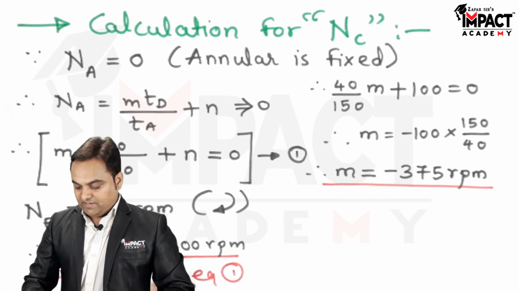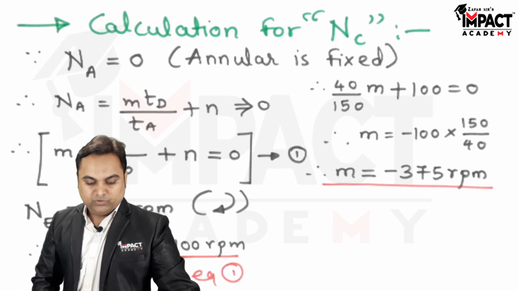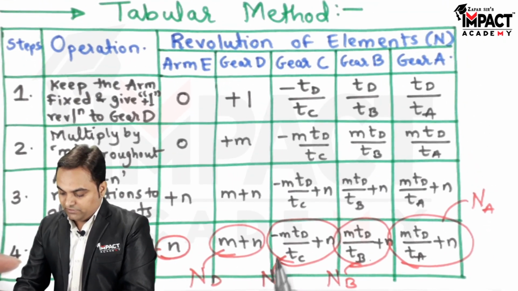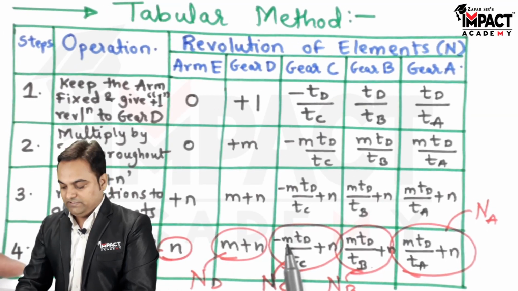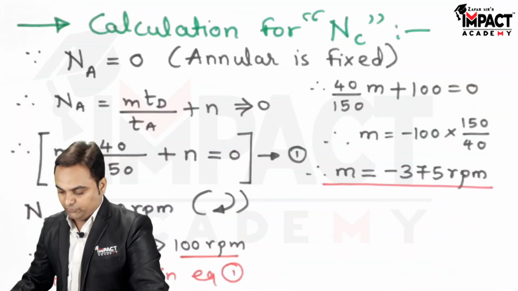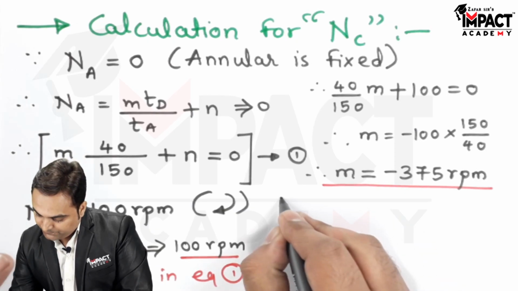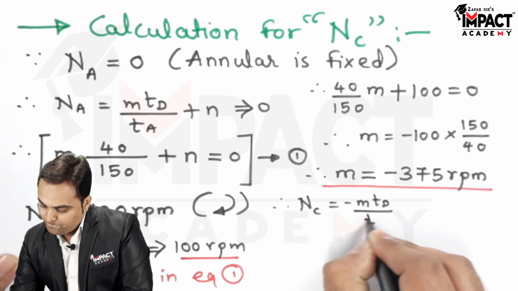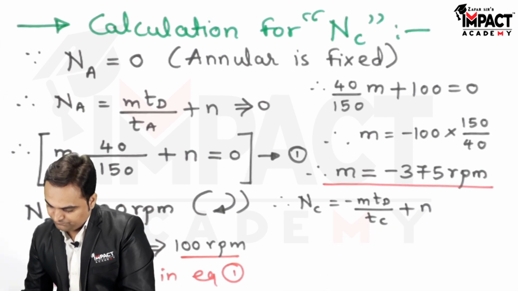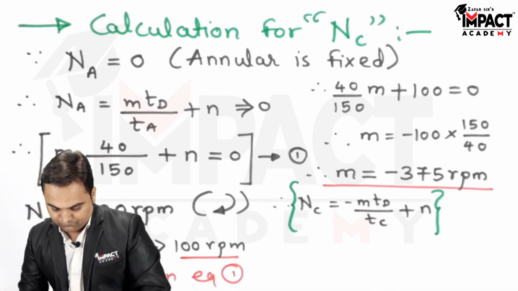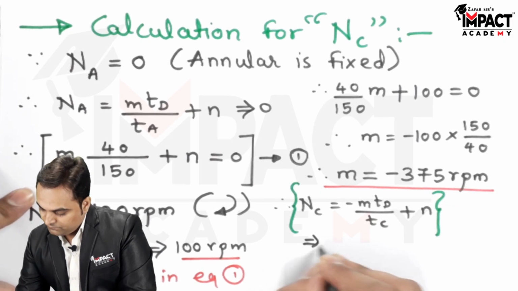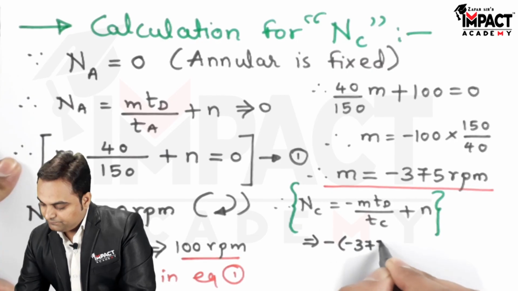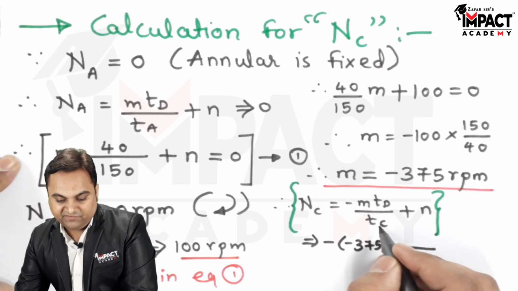And once m and n are known, the question is to find the speed of gear C. Gear C, its speed in the table in the total motion is minus m TD by TC plus small n. I am going to write this value. So therefore NC is already there is minus, and small m is minus 375, TD upon TC.